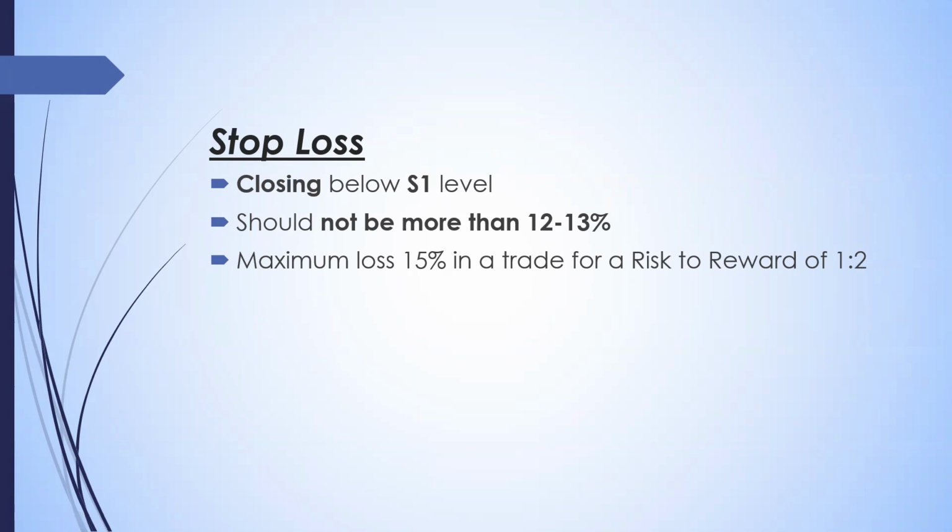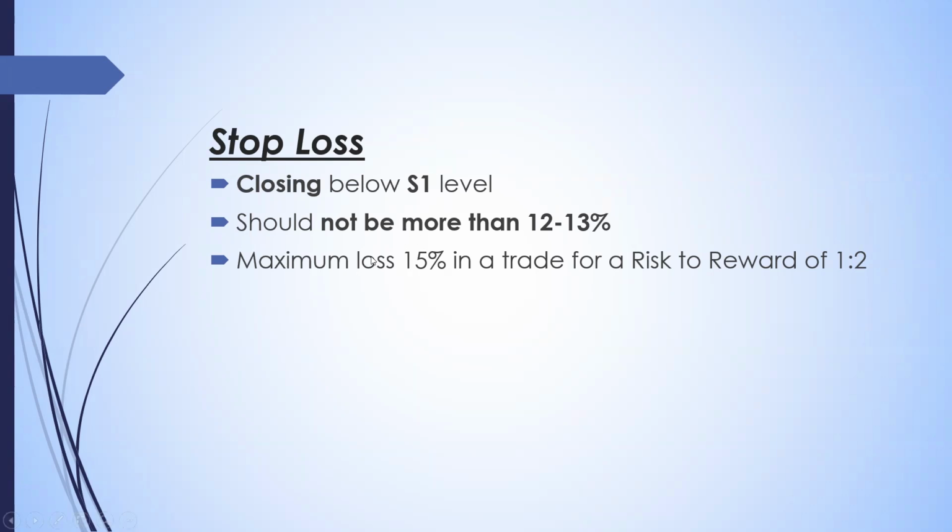So let's say if my stop loss is 12-13%, after exiting the stock we have other charges also, like brokerage charges and delivery margin and whatnot. So after that, in one stock, I should not lose more than 15%. That's what I have written here.